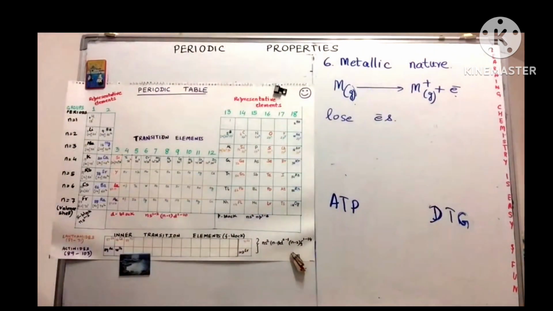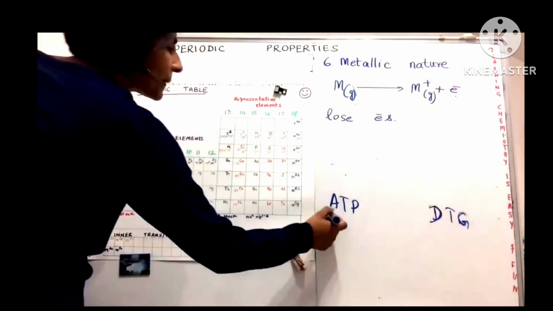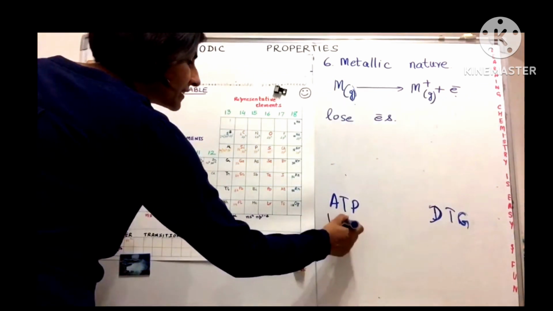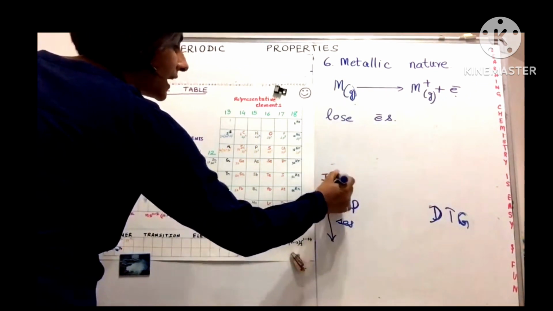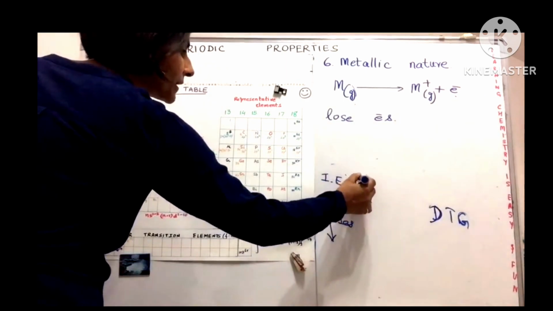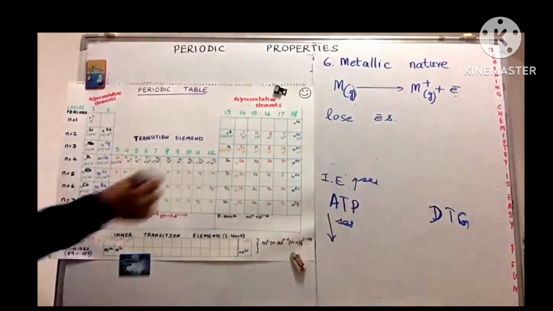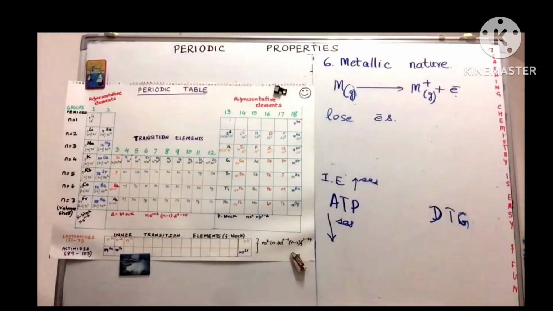Yes, it is increasing. So what will happen to the metallic nature across the period? Perfect, it decreases because ionization enthalpy increases, metallic character will decrease.